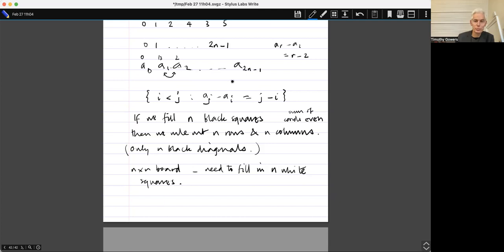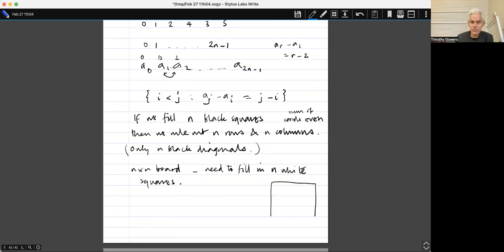Let's just have a look at the 4x4 case again. I'm just going to look at a very particular case. So let's say the black squares are these two. So I've filled in that one and that one. So now my only white squares left. So it's got rid of all those two rows, those two columns.